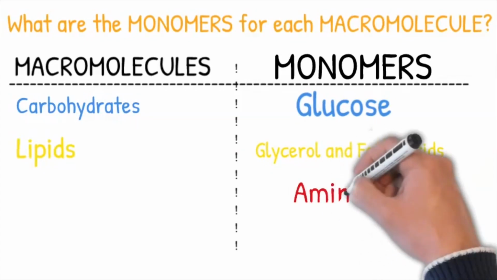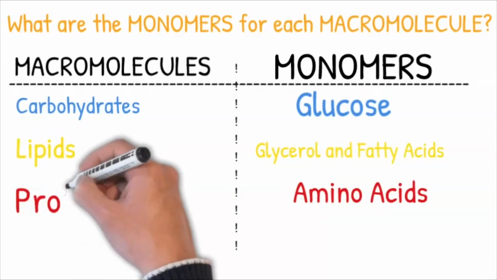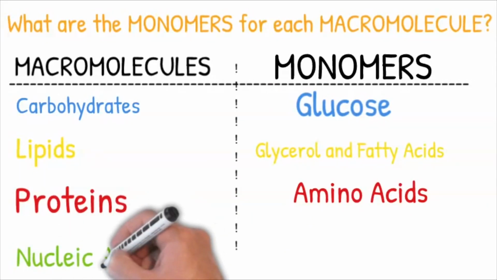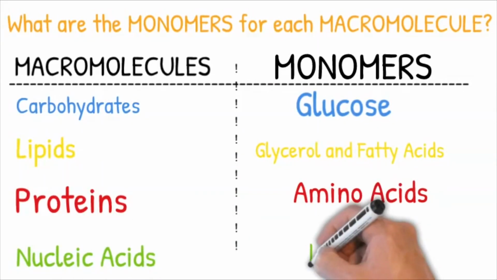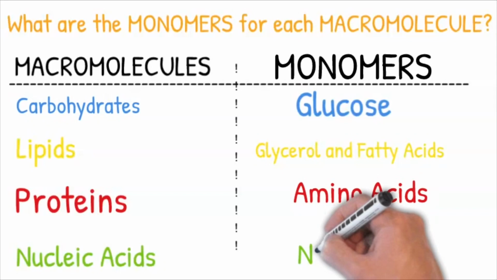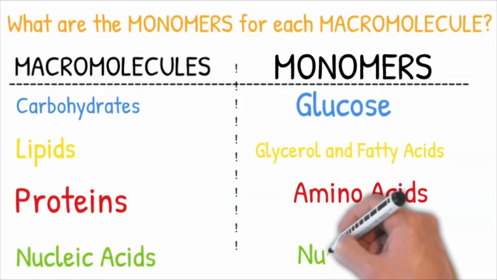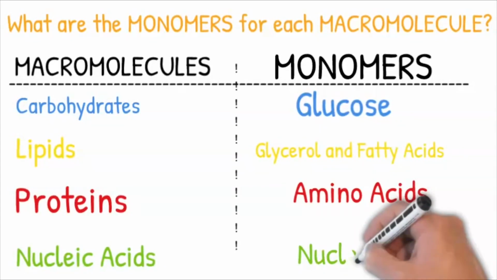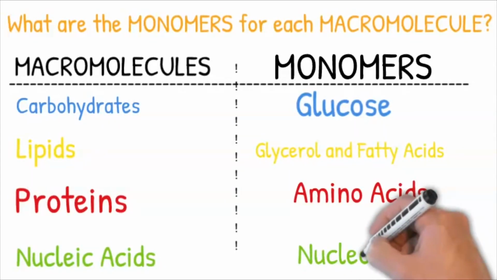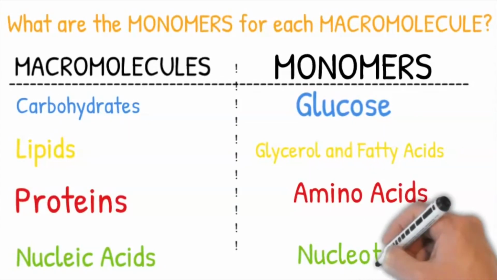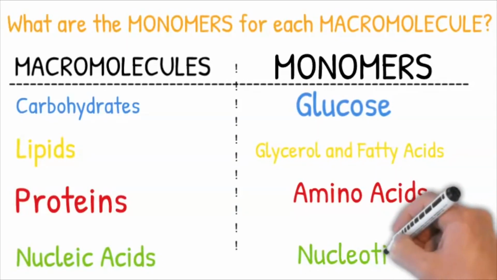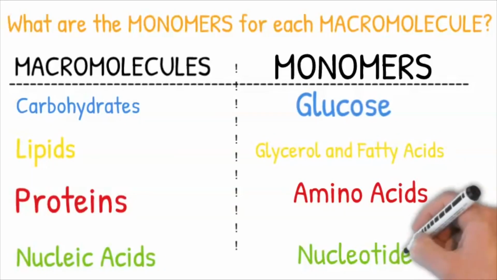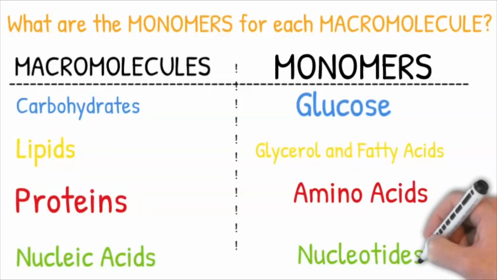Amino acids are the monomers for proteins, and the monomers of nucleic acids are nucleotides. This is a little bit more complicated. We're going to break down each of these macromolecules and their monomers one by one. But right now, this little table will be a good summary of each of the macromolecules and their monomers.